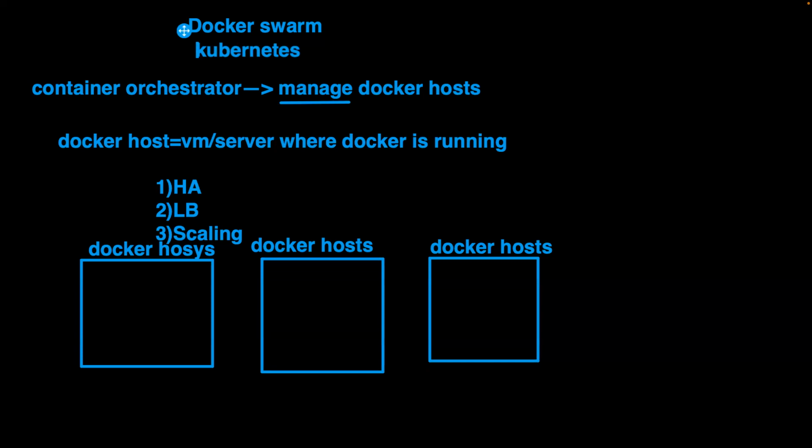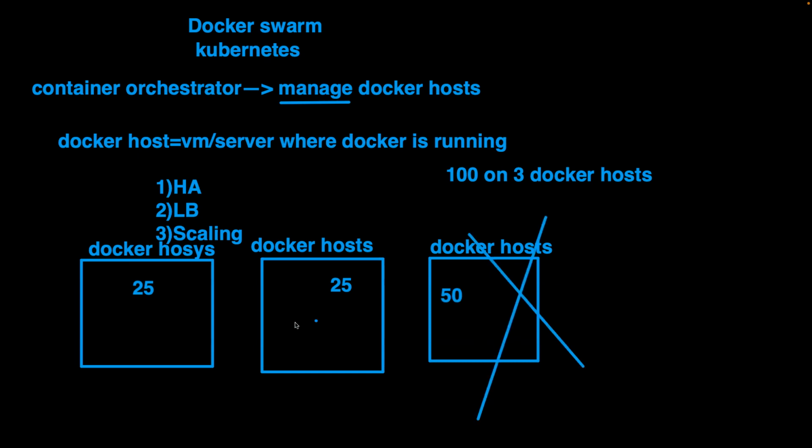And now, what is high availability? High availability means, let's suppose I want to run 100 containers on these 3 Docker hosts. Suppose 25 are running here, 25 here, 50 here. For some reason, this Docker host is gone, crashed, or shut down.